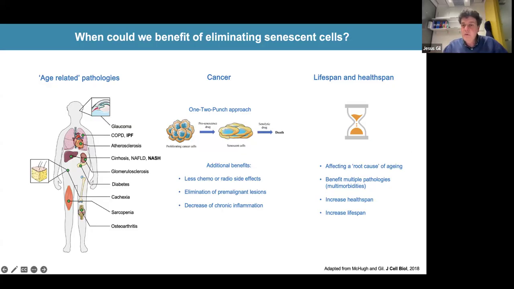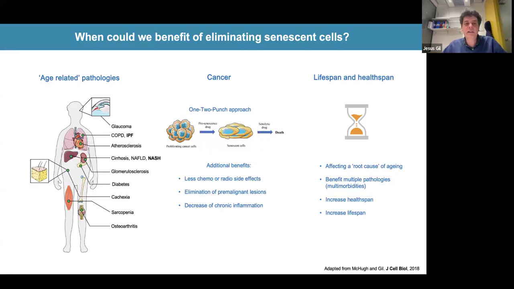And this might be a way to treat multimorbidities and eventually might result in further benefits, as shown in mouse models.